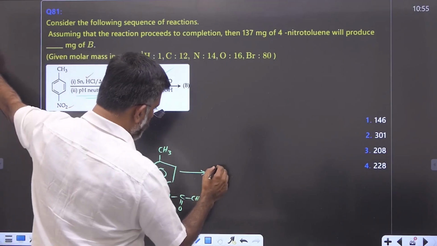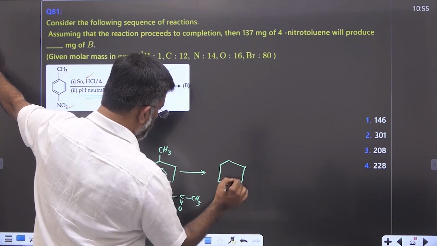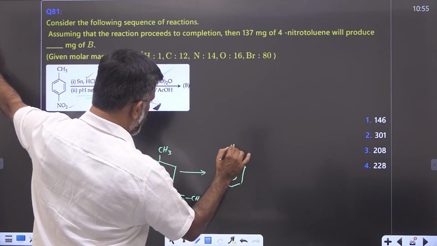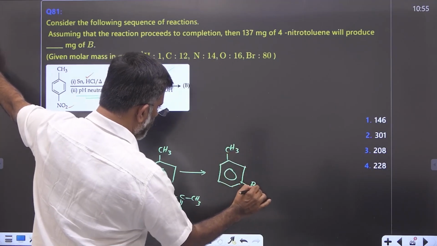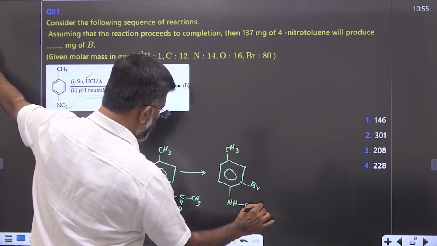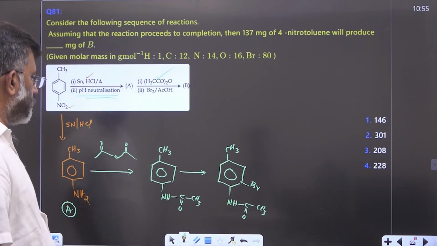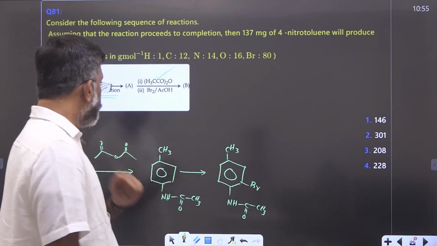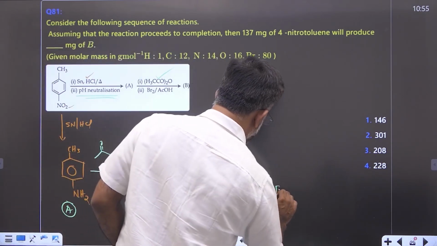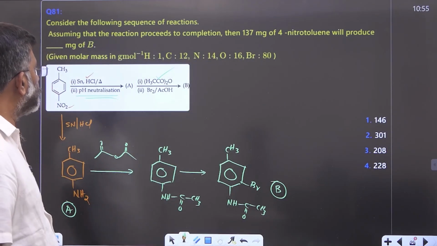You will get a monobromination product. There will be CH3 here and a bromine will come here, and you have NHCOCH3. This is the final product B.